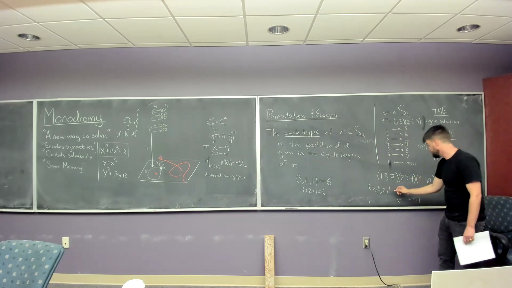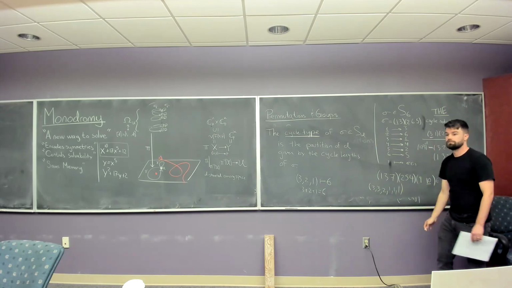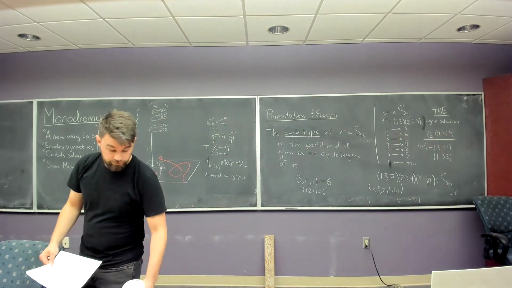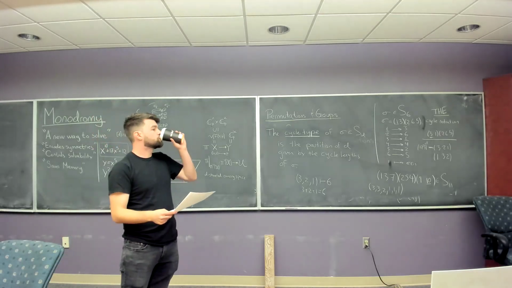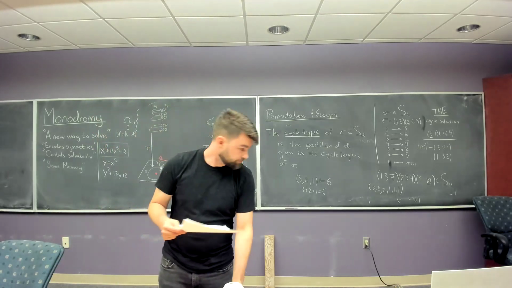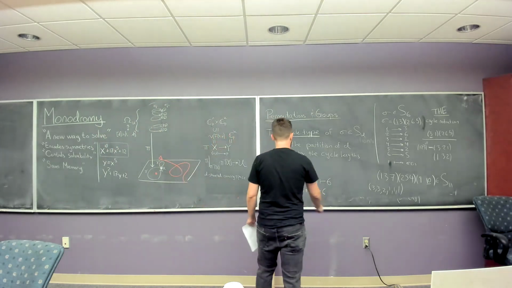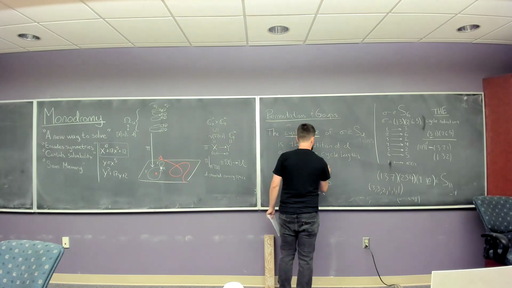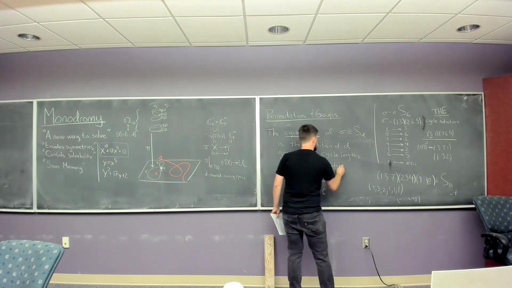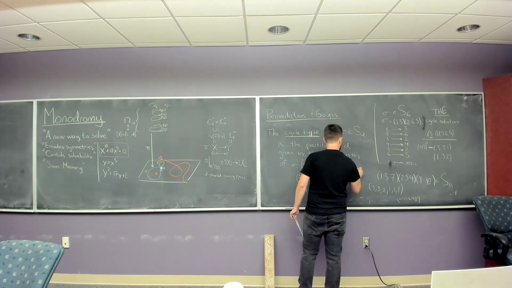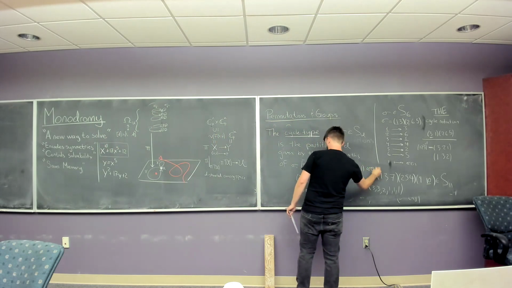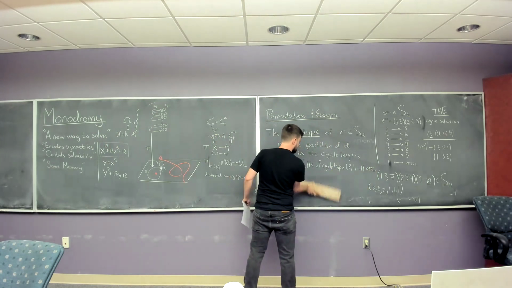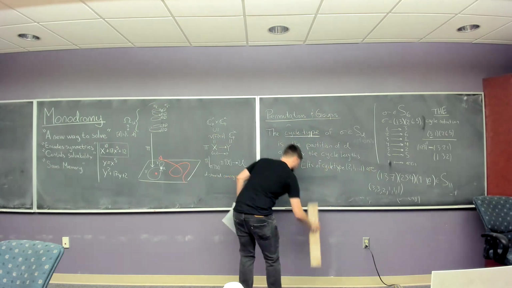So 6, 7, 8, 9, 10. Elements of cycle type 2, 1, 1, 1, 1, 1 are called transpositions.